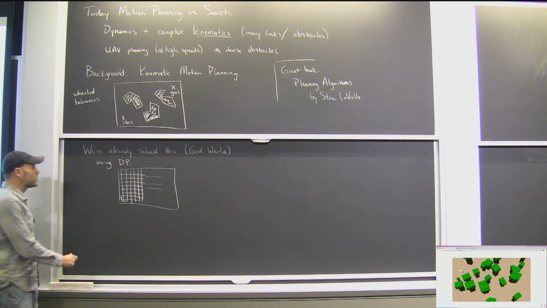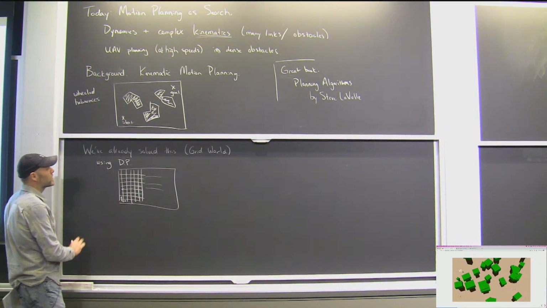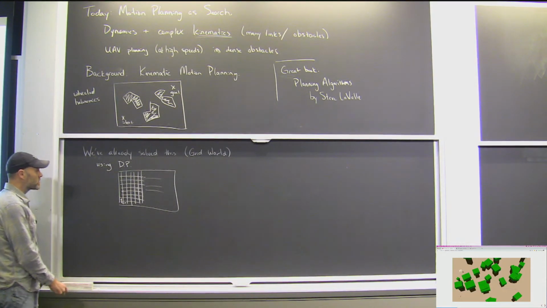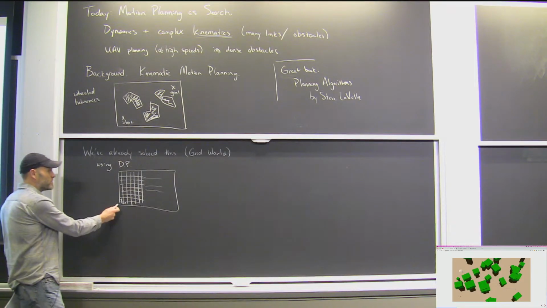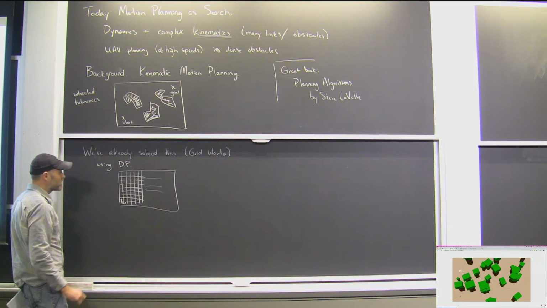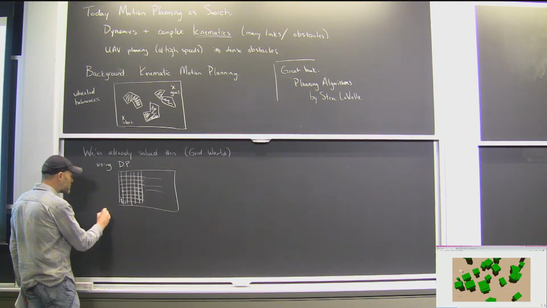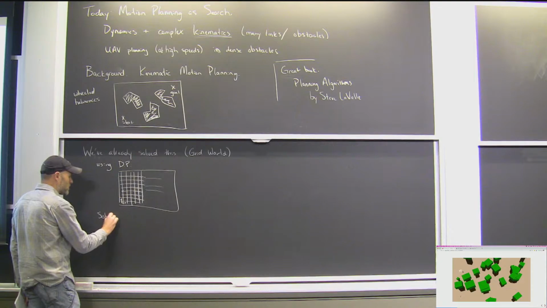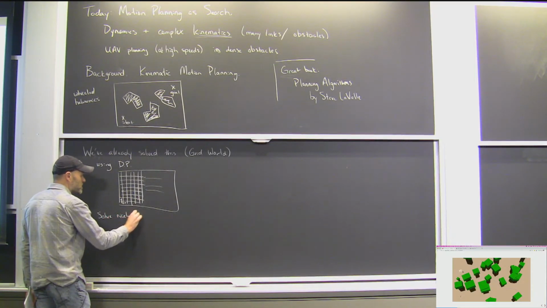Now, we're going to choose a slightly different algorithm this time from the motion planning literature, okay? But let's just remember what we said about this algorithm and then connect the dots, okay? So these algorithms, we could solve to optimality with value iteration.